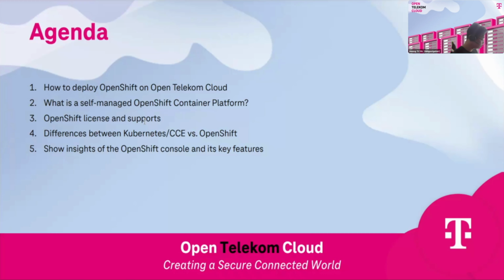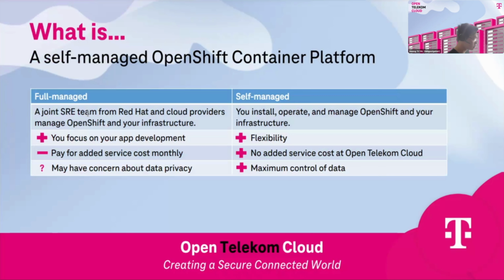Now I will explain what self-managed OpenShift is. OpenShift offers two categories: fully managed and self-managed. Fully managed means there is a joint SRE team from Red Hat and a cloud provider who will manage OpenShift and services and your cloud infrastructure for you.